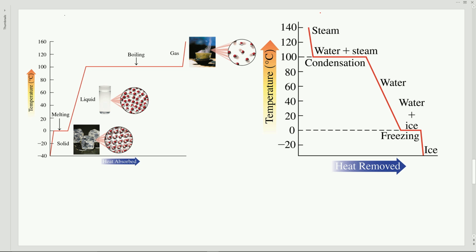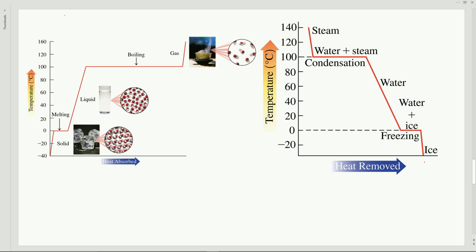As the temperature goes down, we get to the freezing point of water, so now we are converting our water into ice. And finally, once the temperature drops below the freezing point, we have completely converted to all solid water, or ice.